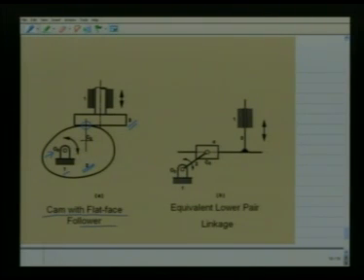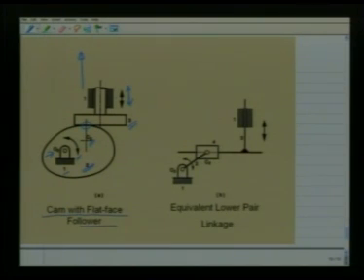So the rotary motion of this cam 2 is converted into rectilinear motion of this follower 3. Let the center of curvature of the cam surface at this contact point be at C2. The center of curvature of the follower surface at the contact point is at infinity.